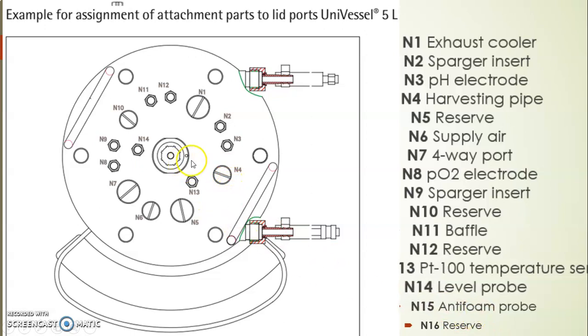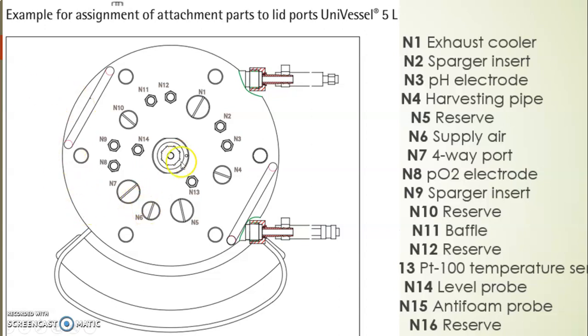Some of the parts can be set interchangeably, but some of the parts cannot be set interchangeably. Okay, so this is very crucial. For that we need another detailed clip with which we can show you how the different ports can be used interchangeably.